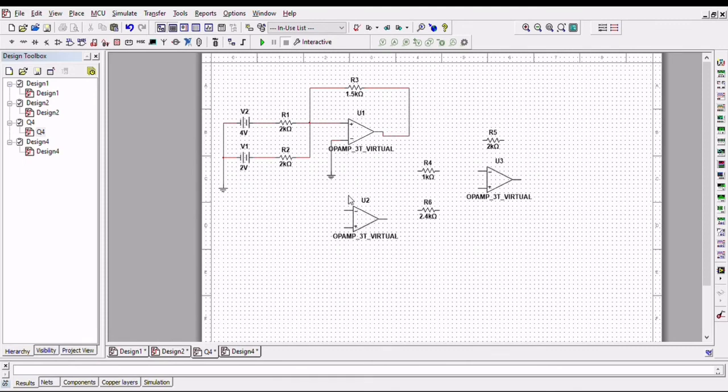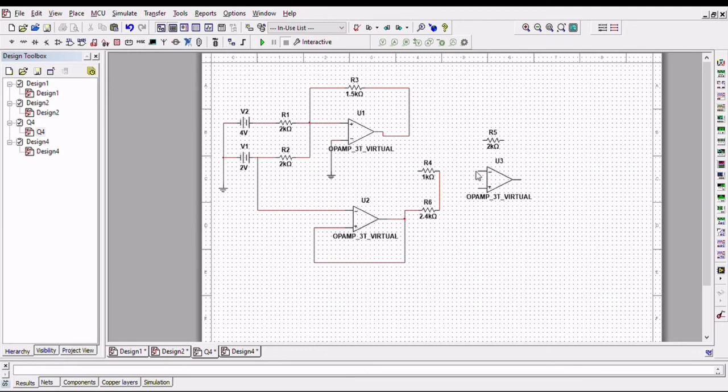Okay. So next the V minus is connected with the 2 volts here. This V plus connects with the output here. Okay, so 2.4K here connects with output here and connects with the 1K here.